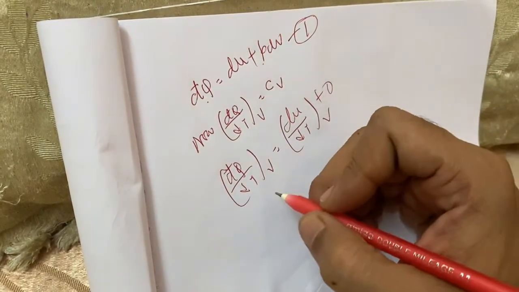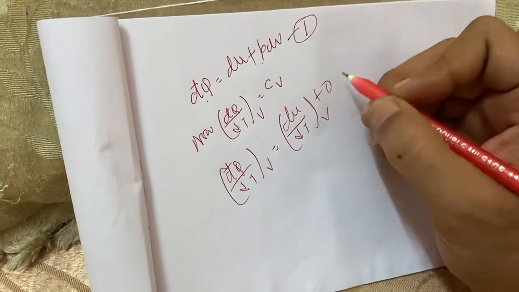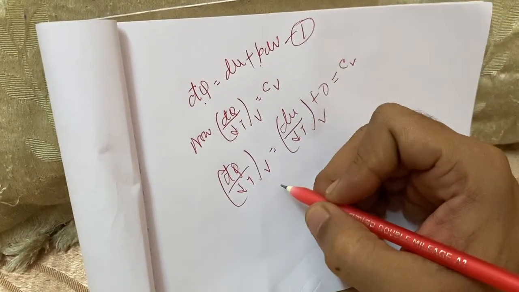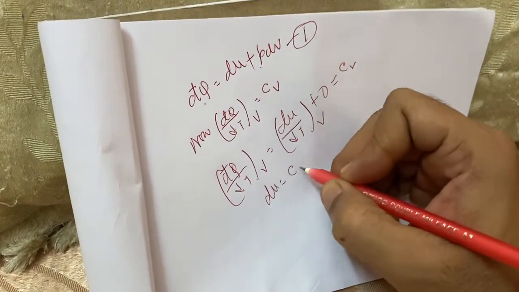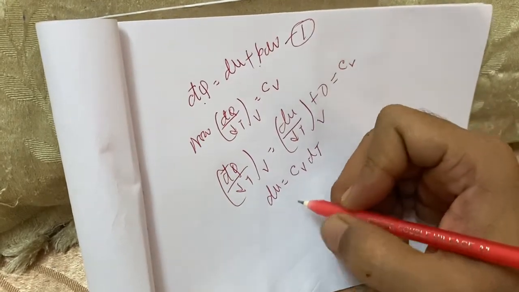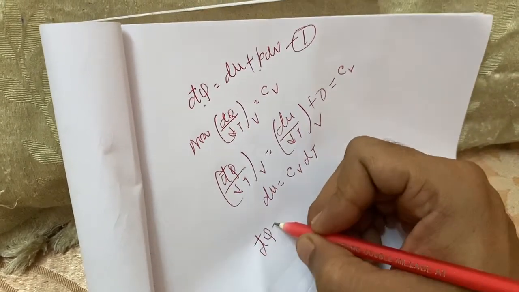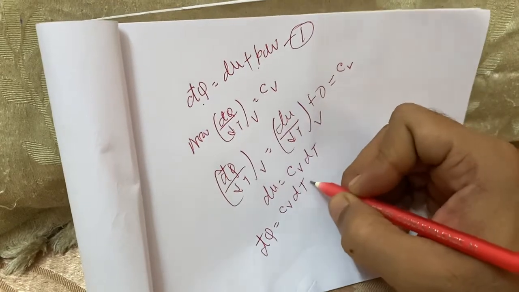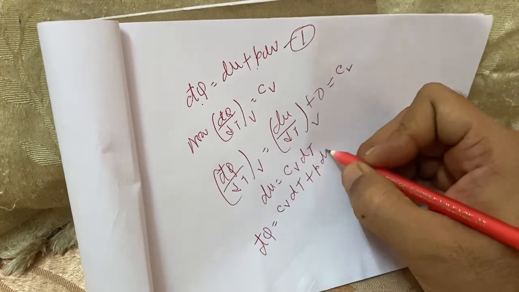So, this is also Cv. So, du we can write as Cv dt. So, the first law of thermodynamics becomes dq is equal to Cv dt plus P dv.